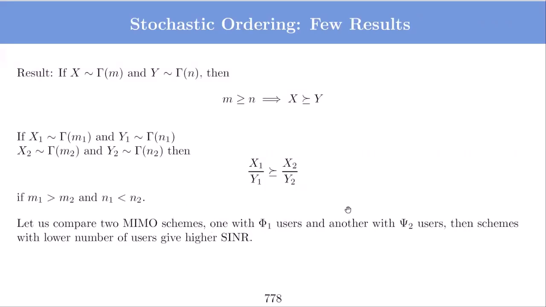You can show this by writing the SIR expression for these two MIMO schemes, assuming that the base station is serving Psi1 users or Psi2 users, and then putting down the values of the interfering and serving base stations, and you will conclude this result. All base stations are using either Psi1 users or Psi2 users, so both the interfering and the serving distributions will change.